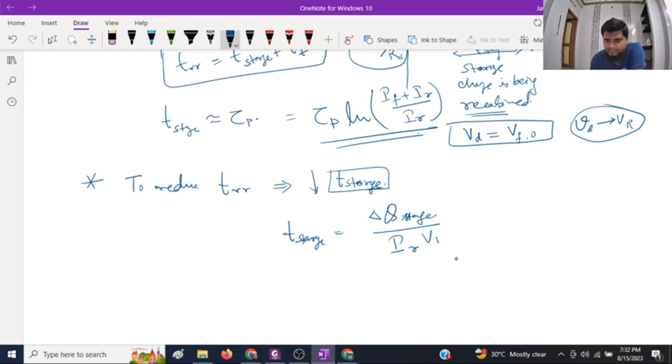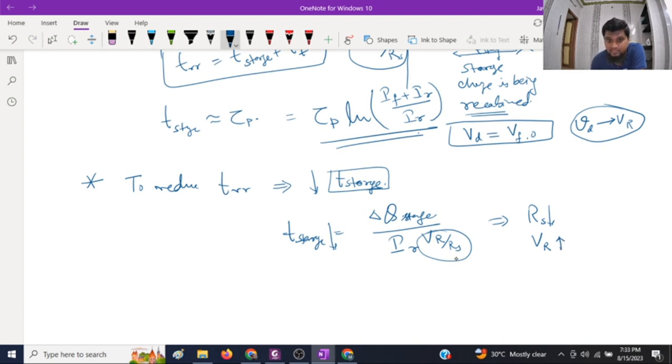Now you can write it as VR divided by RS approximately, and hence to reduce this storage time you should reduce this RS. So series resistance should be reduced. So that is one option. Or you should reduce the reverse bias. That is another thing. Sorry, increase the reverse bias.